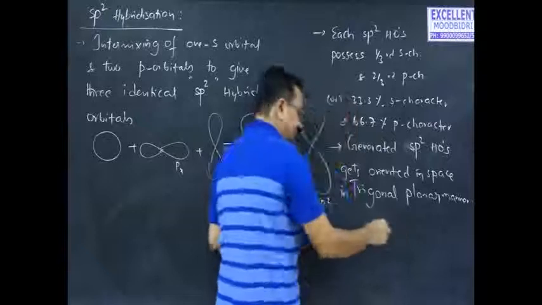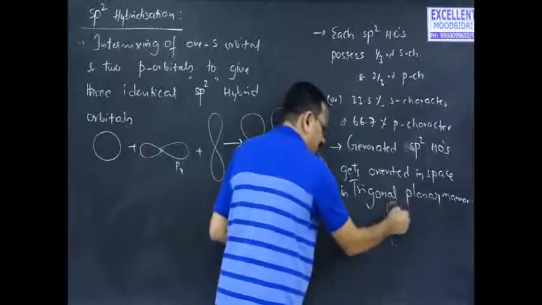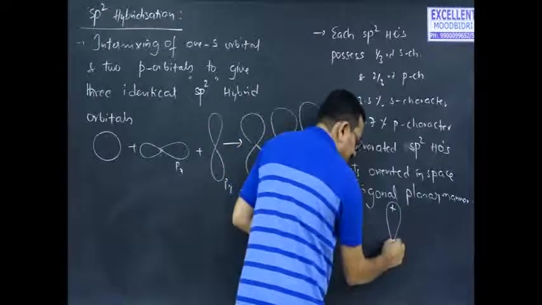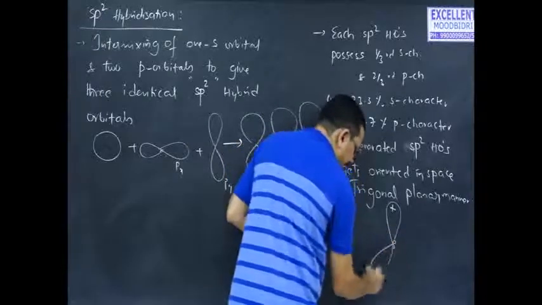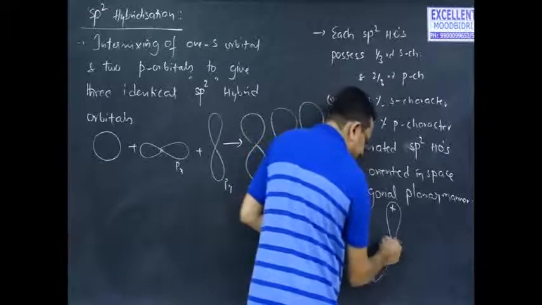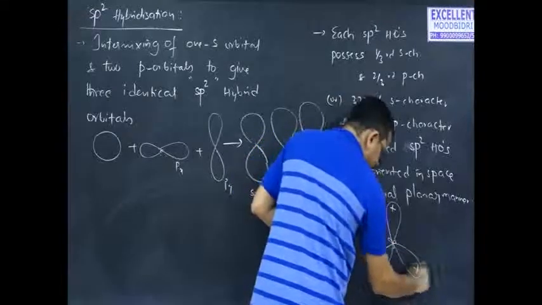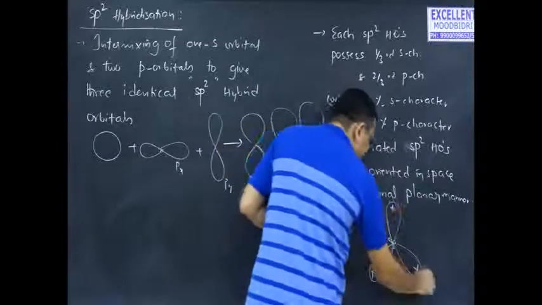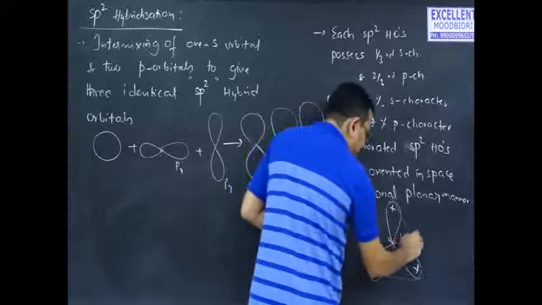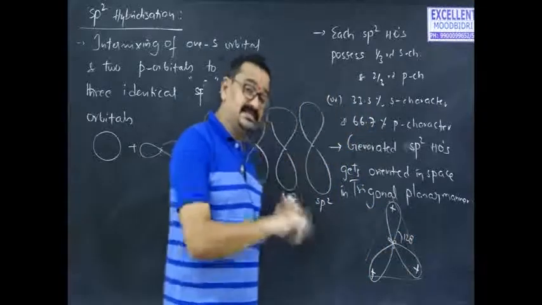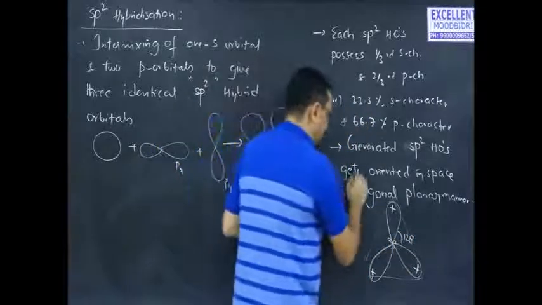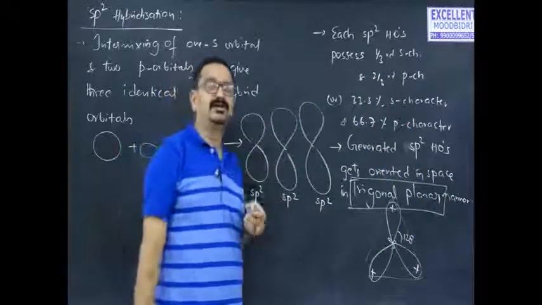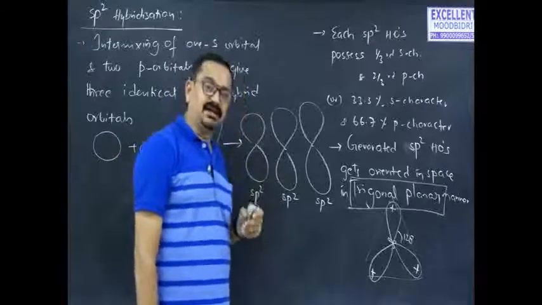Suppose, as I said, this hybrid orbital will be specified with a big lobe for positive, and a smaller one for negative. So, they are oriented in space in a trigonal planar manner, like this, such that the angle between the three orbitals will be 120 degrees. What is this geometry called? Trigonal planar geometry.